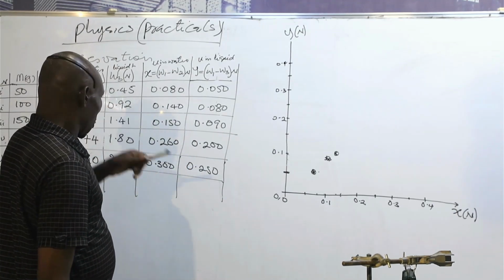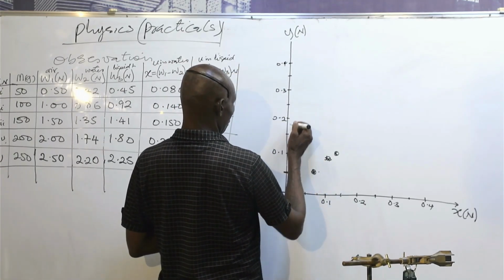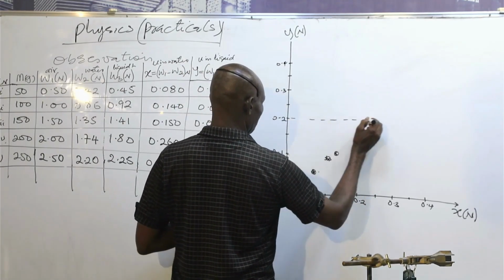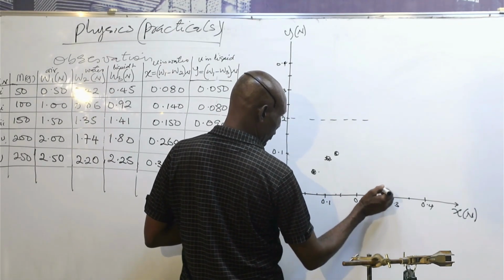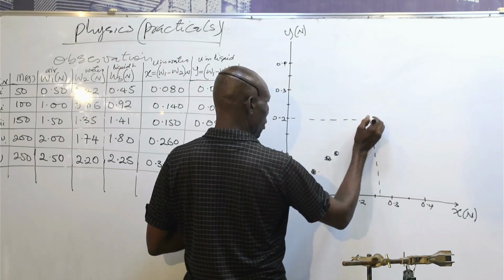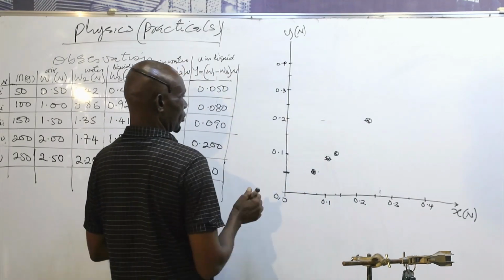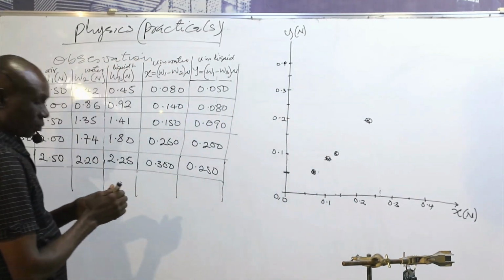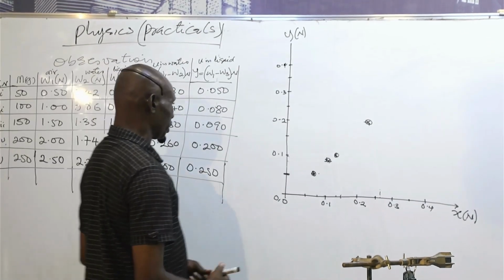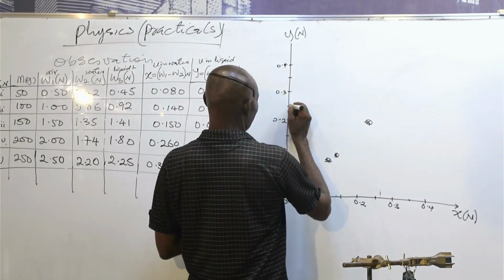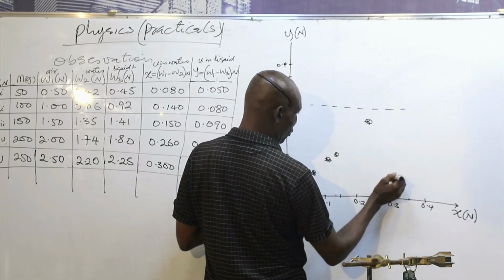Then 0.20 against 0.26. 0.20 here against 0.25, 0.26. You plot. 0.25 against 0.30.